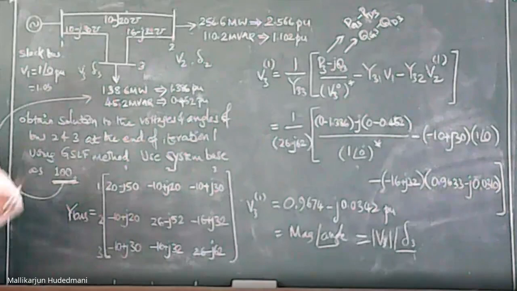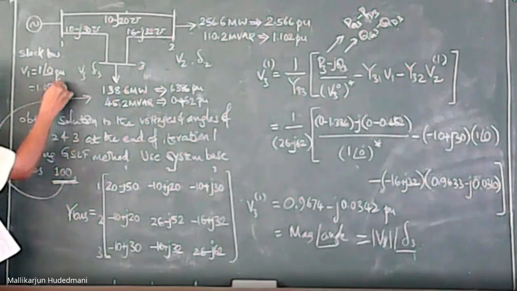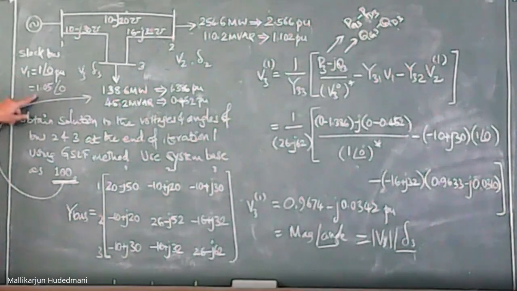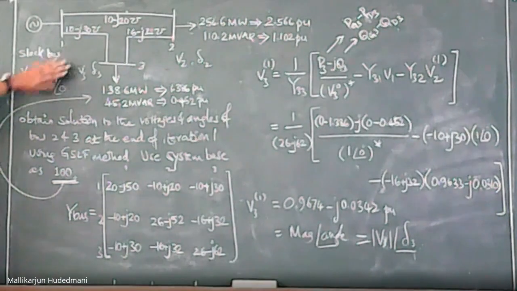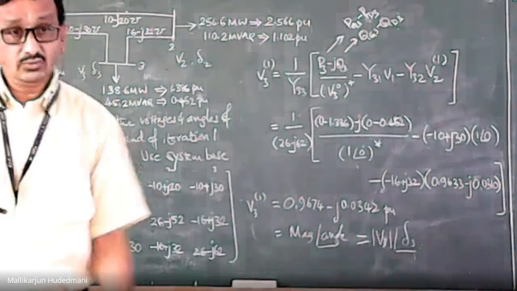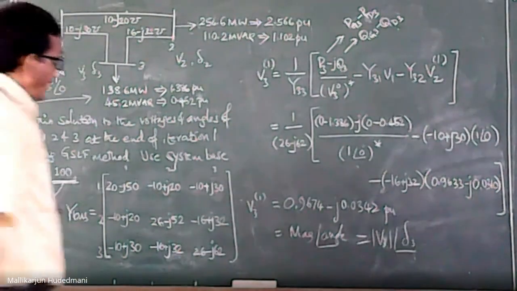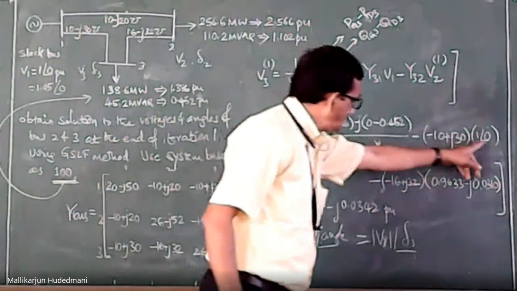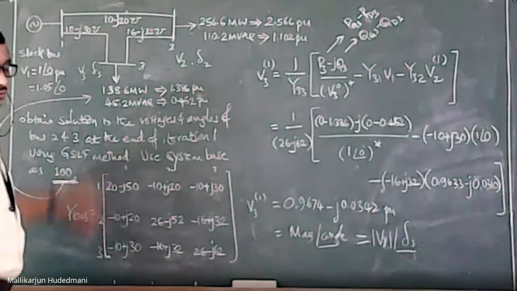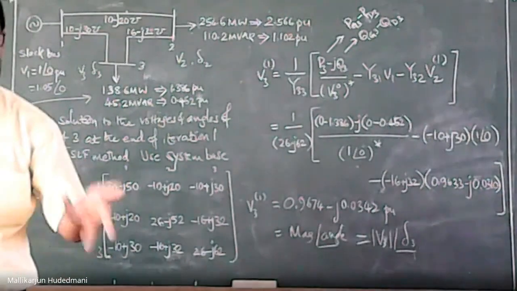If I change it to 1.05, V1 is 1.05 angle 0. Don't use this. Can you solve this yourself? You can, because wherever there is a 1 angle 0, now this will be 1.05 angle 0. You will have a different problem yourself.